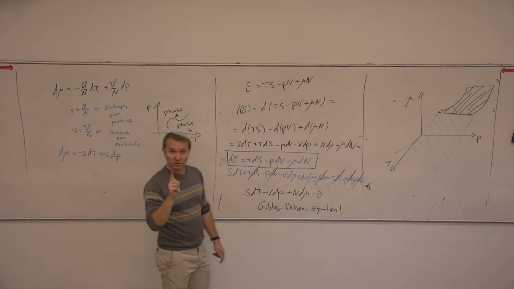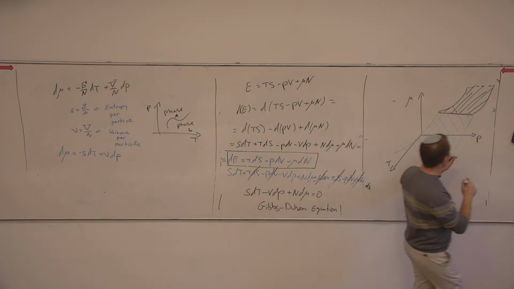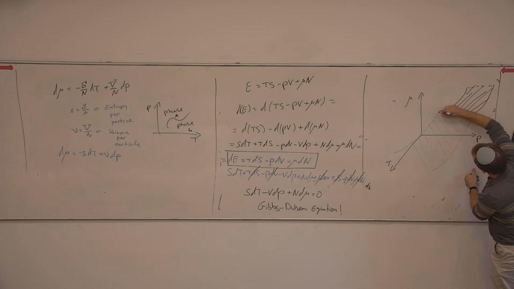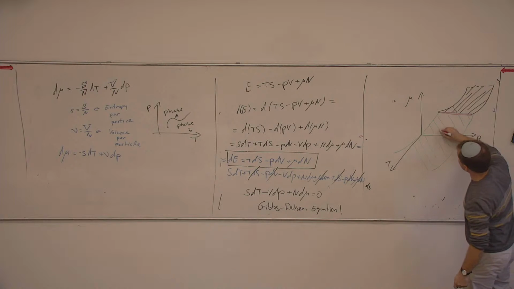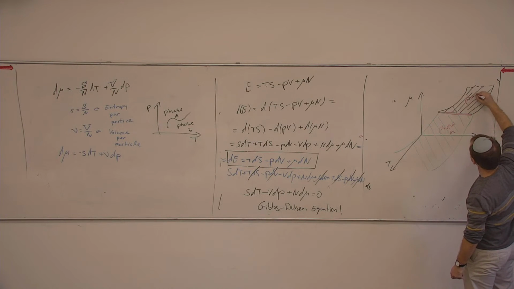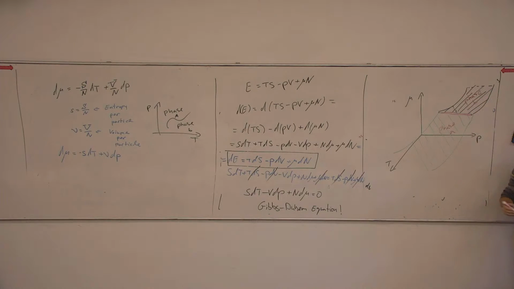But the phase transition will happen where the derivatives of mu have a jump. Okay? So this line separates phase A and phase B. There is a separation line between those two phases.